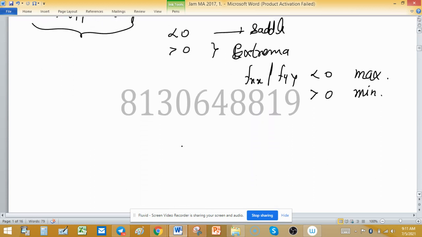So first, let us find the critical points. fxx and fyy exist everywhere, so there is no condition where a partial derivative doesn't exist. Now the second condition is where the partial derivative is equal to 0.